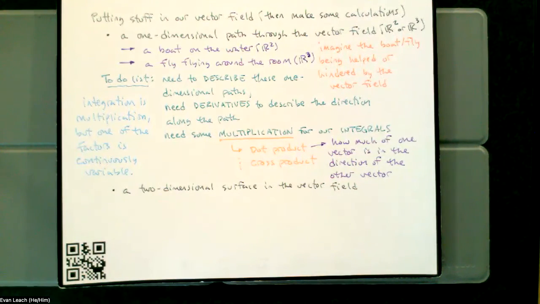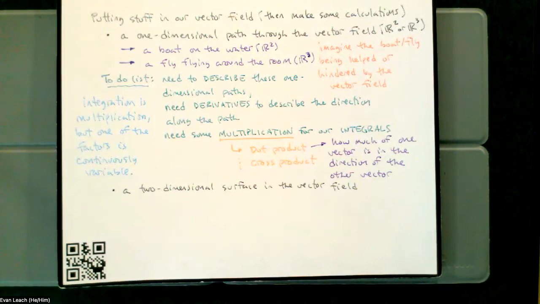Now I want to take this one-dimensional path, and instead of putting a one-dimensional path in the vector field, I want to put a two-dimensional surface in the vector field. We're going to need some space for this surface, so I'm not going to want to put this two-dimensional surface in the two-dimensional space. It would just cover everything.